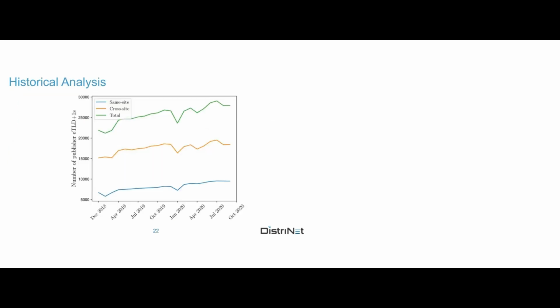And here we can see the results of our analysis. During our 17-month period, we see that the use of CNAME-based tracking is increasing. The blue line is websites that are using a CNAME-based tracker with a CNAME to the same website.